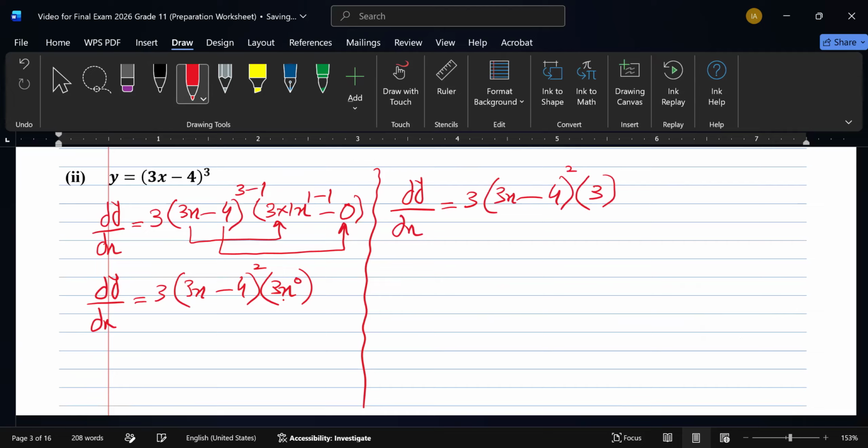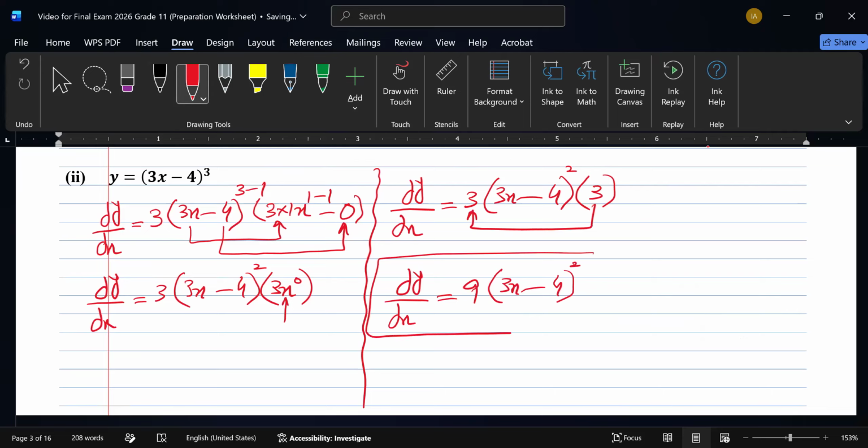Why? Because x with power 0 always becomes 1. Now this 3 will multiply this 3 and makes 9. So dy over dx will be 9 (3x minus 4) power 2. This is your final answer, the simplified differentiated result.